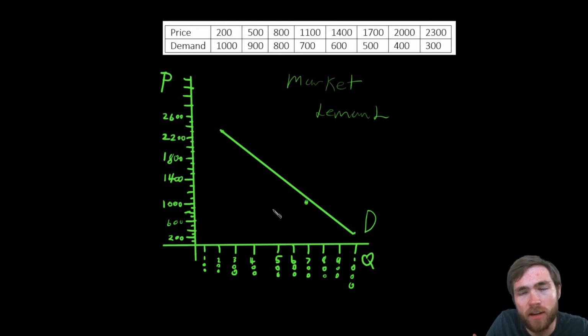Just like in the supply case, there are a large number of demanders for this good, and their individual demand curves are summed up to get the market demand curve. I'm not going to go through that exercise again because we did a very similar thing in the supply curve case, but you can do that just as well with demand curves. And so this gives us our demand curve.